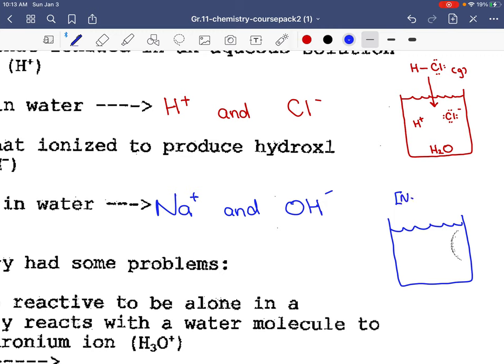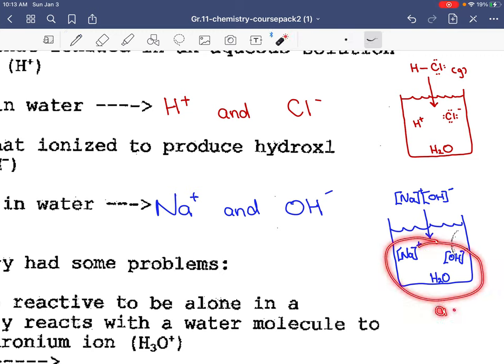You have Na plus ionically bonded to OH minus. OH obviously is a polyatomic ion. So if you were to immerse this in water, like all soluble ionic compounds, they will separate into Na plus and OH minus. Of course, here is your aqueous. So it's very simple. That's what Arrhenius discovered.